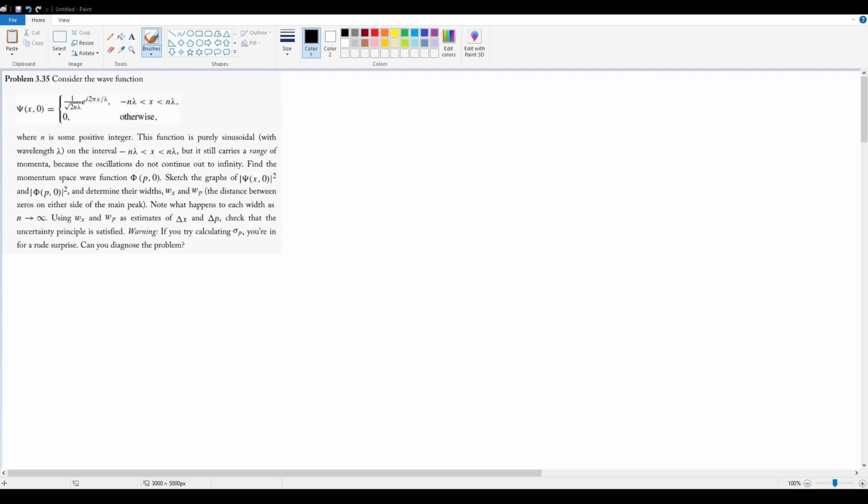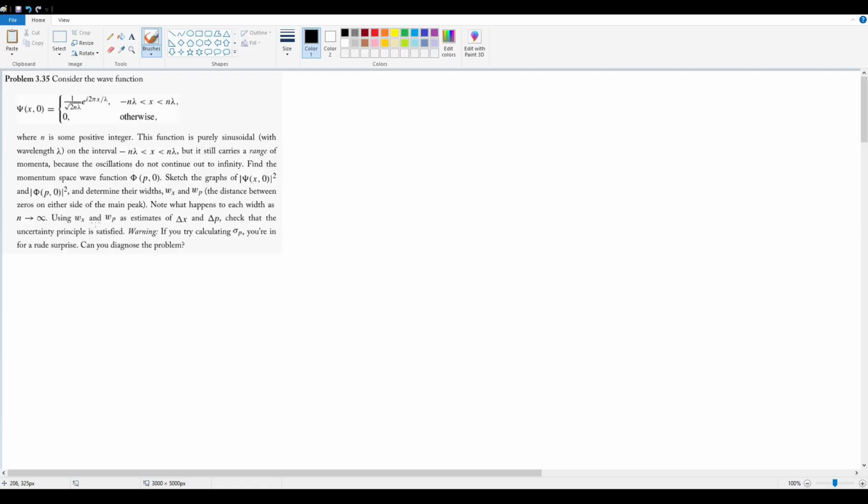Okay, for 3.35, you are given a wave function and you are asked to find the momentum space equivalent, then to find the magnitude squared of both the position and momentum space equivalents, sketch the resulting graphs, determine their corresponding widths, and then note what happens to each width as n goes to infinity.